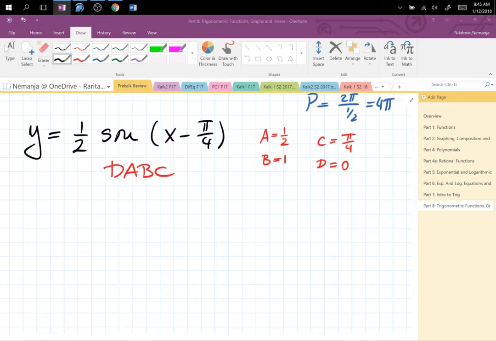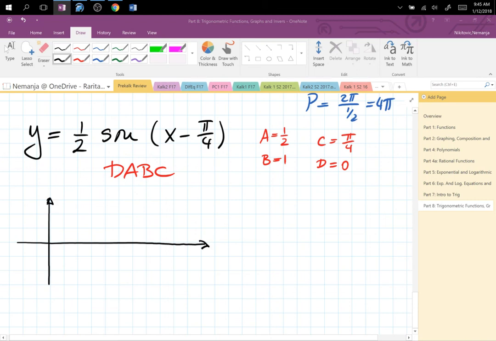I'm now going to be drawing the x-axis in the middle, because there is no d, which means that the graph is going to be symmetric on the x-axis, not going up, not going down. So I have 1 and negative 1 going up and down. Great. So d is equal to 0.